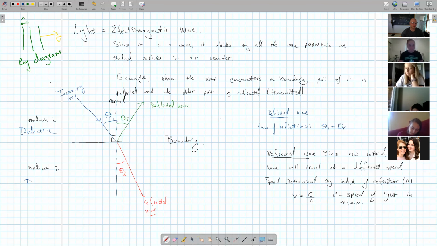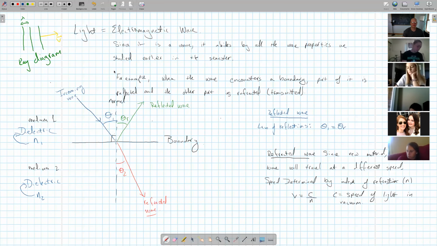Here I also have a dielectric, but I have two different dielectrics. So this has some dielectric constant. This has a different dielectric constant, which means that this has what we call an index of refraction. So this is going to have some index of refraction of n1, where this one has an index of refraction of n2, which is related to the dielectric constants.